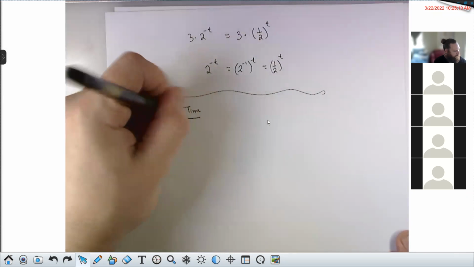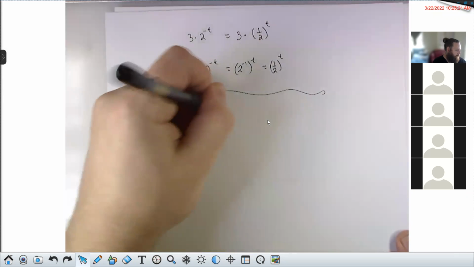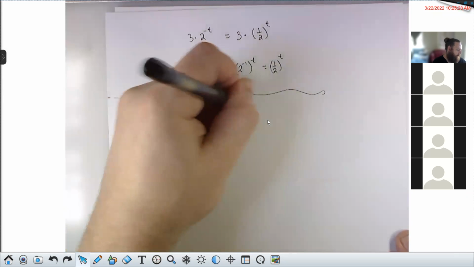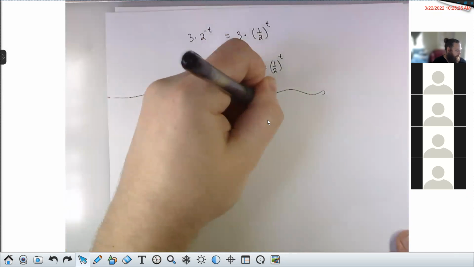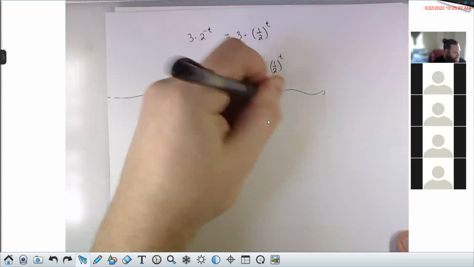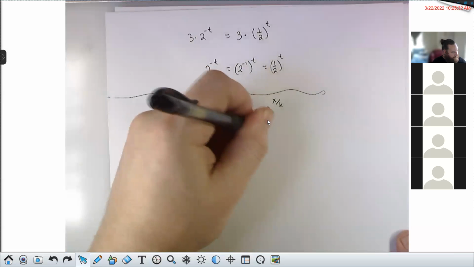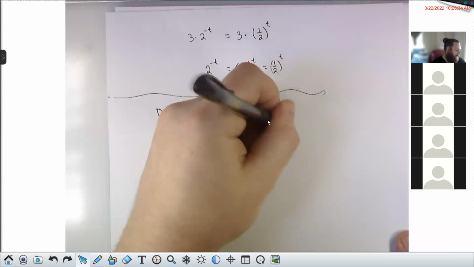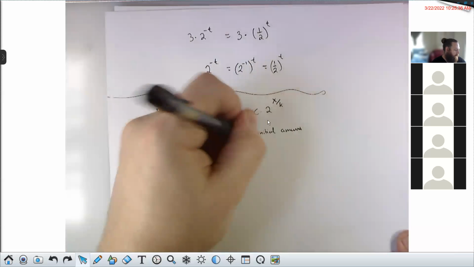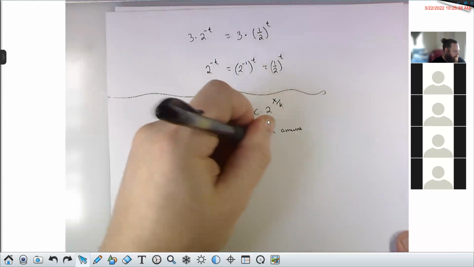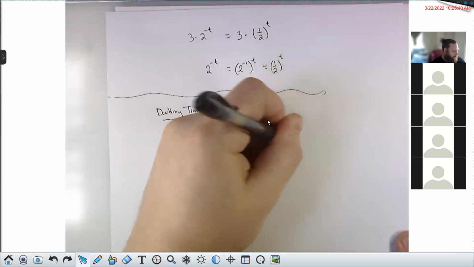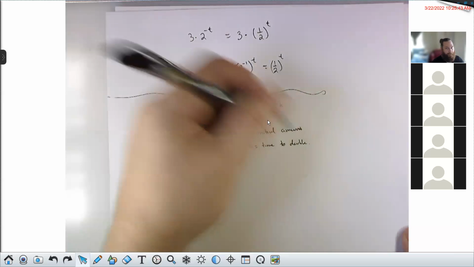So we have here a doubling time problem, and the sort of quick way to solve these is to use that doubling time formula. And remember, C here is the initial amount, the starting amount, and K is the time to double.